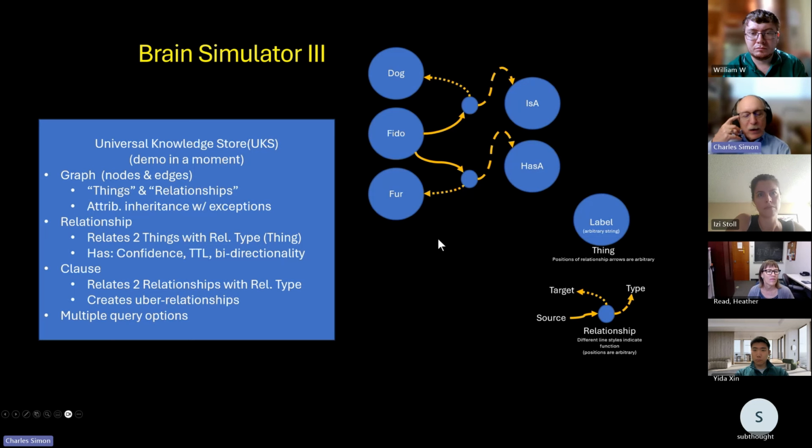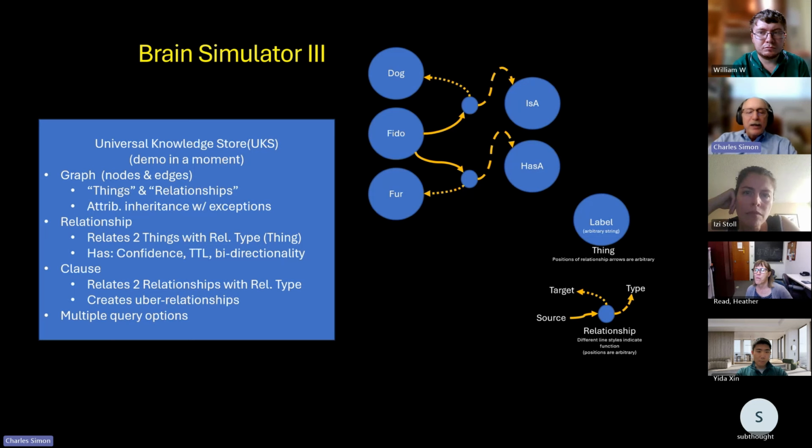A Clause I'll talk about only very briefly. In the same way that a Relationship relates two Things to one another with a relationship type, a Clause relates Relationships with a relationship type. So it sort of creates uber-relationships. And it is my contention that with this simple structure, you can represent absolutely anything.